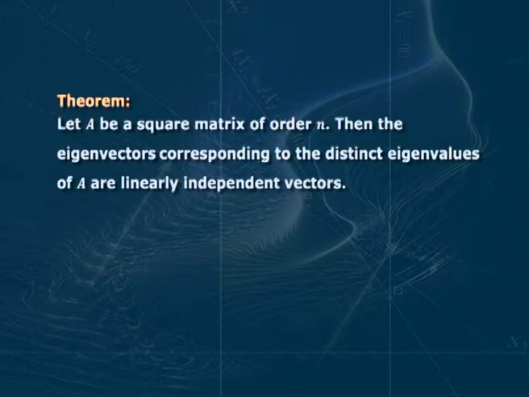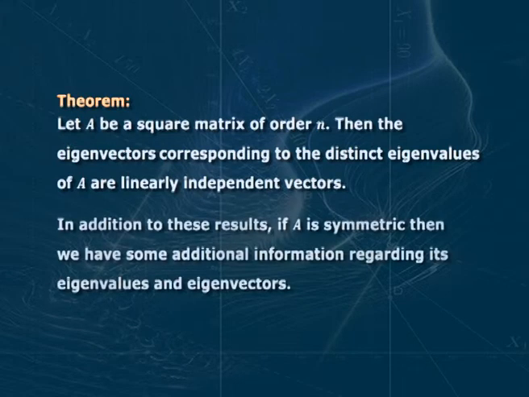Theorem: let A be a square matrix of order n, then the eigenvectors corresponding to the distinct eigenvalues of A are linearly independent vectors. In addition to these results, if A is symmetric, then we have some additional information regarding its eigenvalues and eigenvectors.